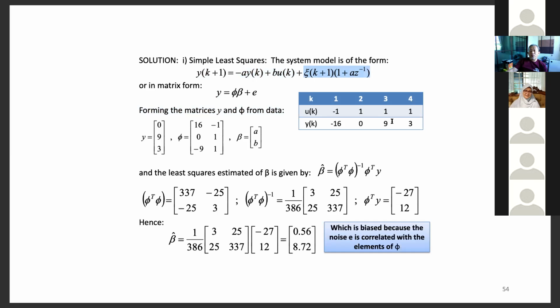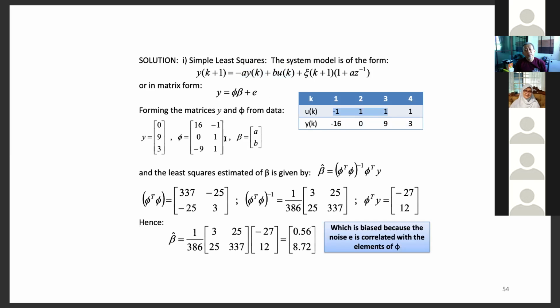From the matrix value here, yk plus 1, if k is equal to 1, it will start from 2, 3, and 4. So it is 0, 9, 3. That is the value for the first column of the y matrix output. Then for theta it is minus yk and positive uk. So just take from here minus 16, 0, 9, and put in the first column. Then minus 1, 1, and 1, put in the second column.